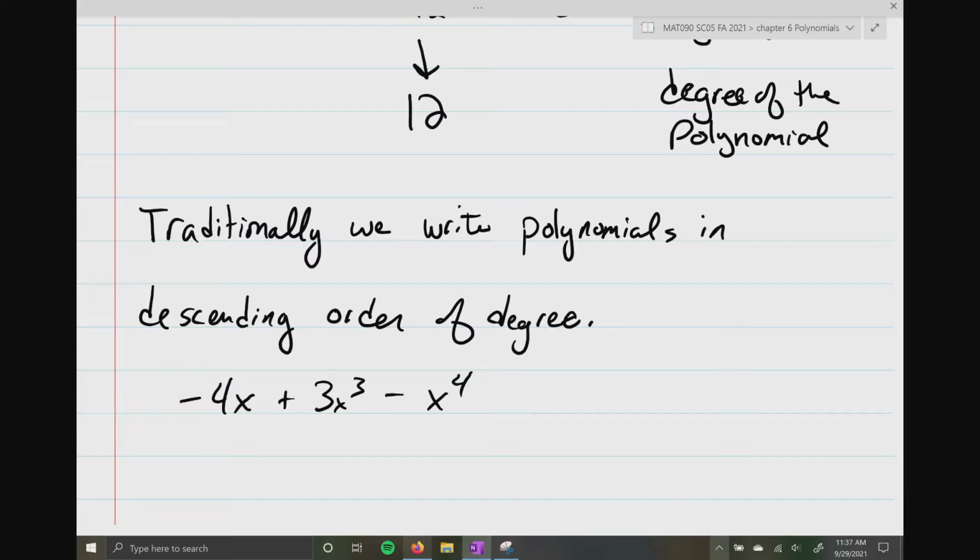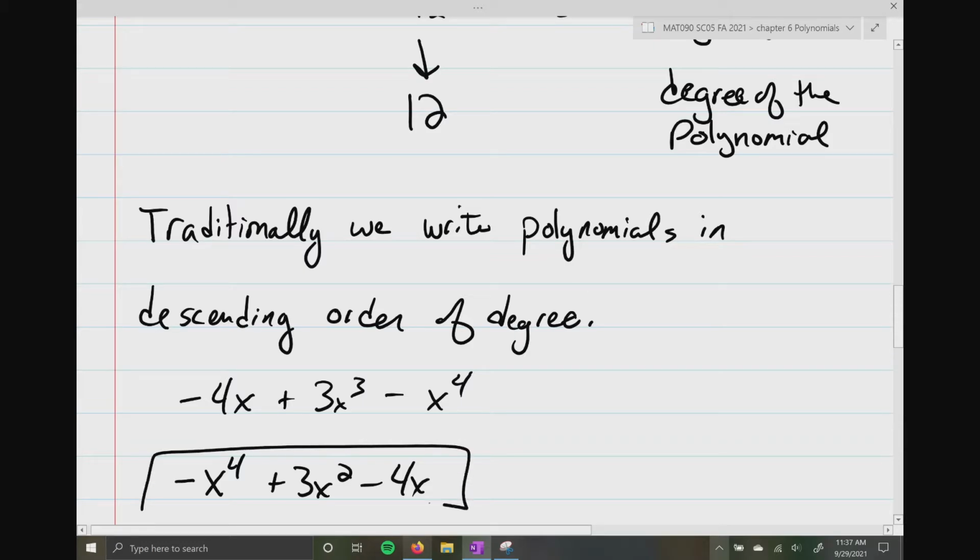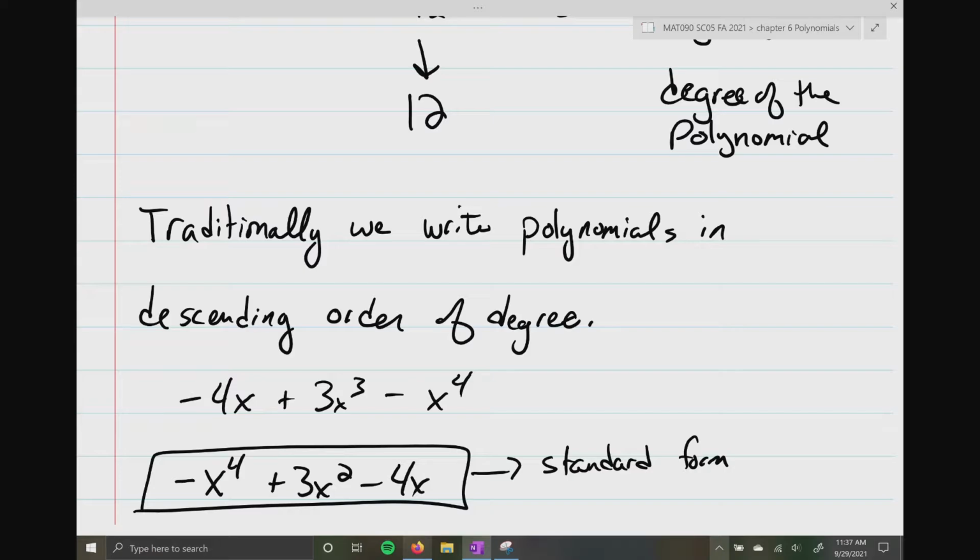If you were to look up the answer in the back of the book, the answer would say, okay, we're going to rewrite it in highest degree first, and then in descending order. We call that standard form. Are there any questions?